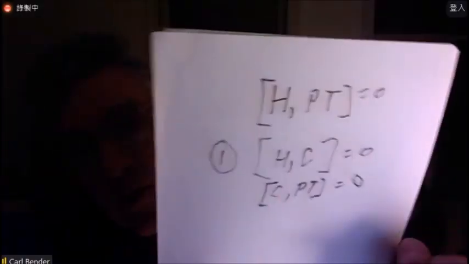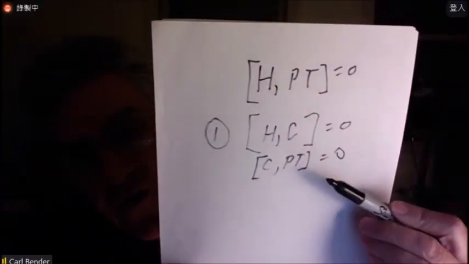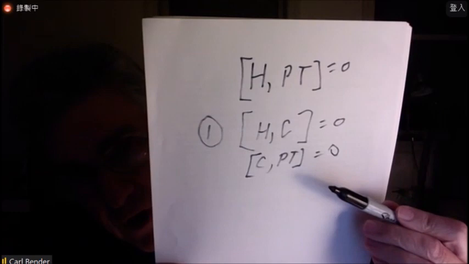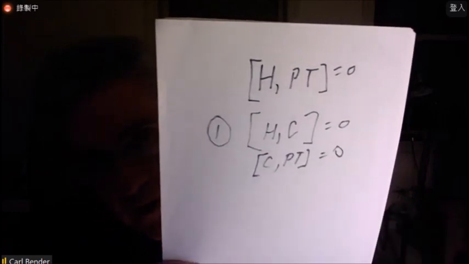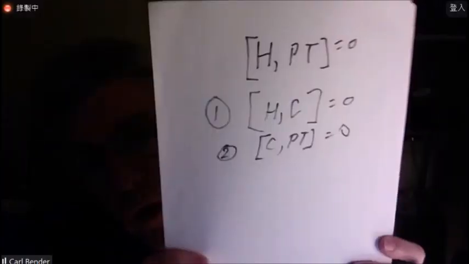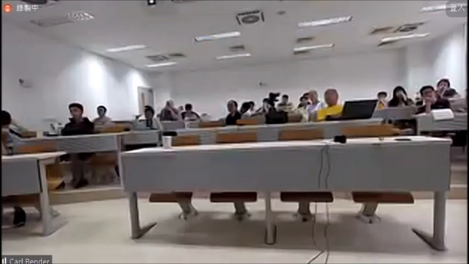So the operator C is itself PT symmetric because C commutes with PT. That's equation number two. And equation number three, the last equation, is that C is a reflection operator. That is, C squared equals 1. C squared equals 1.